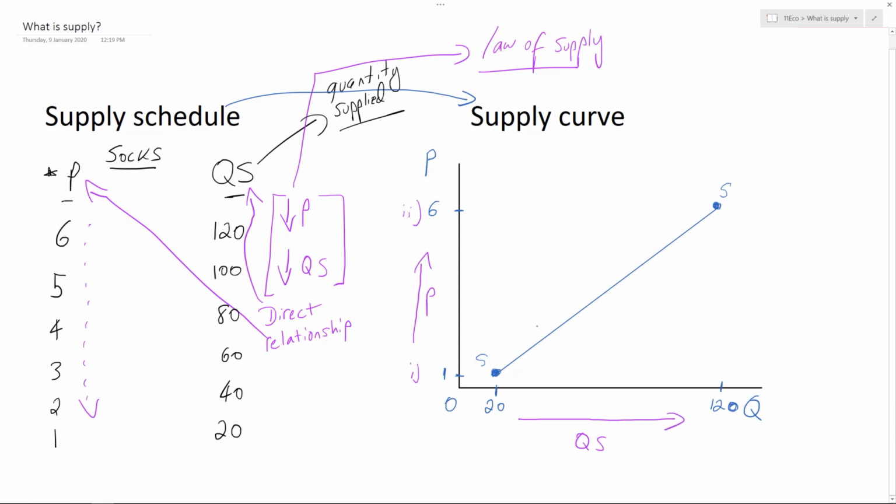So what we can see here in the supply curve is the law of supply being very clearly demonstrated. As price goes up, quantity supplied goes up. We've looked at what the supply schedule looks like and then what the supply curve actually looks like as well. Okay, so that concludes our intro to supply. We had a look at what supply is, the law of supply, supply schedules, and the supply curve itself.